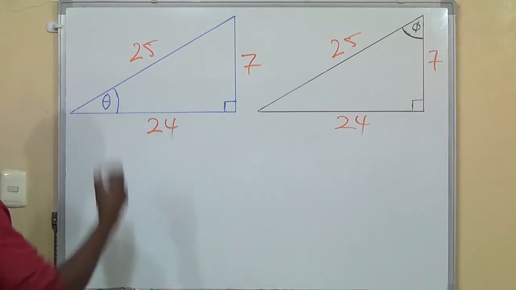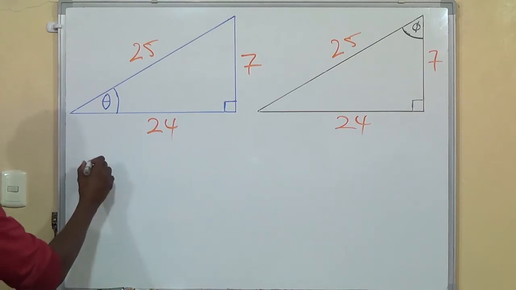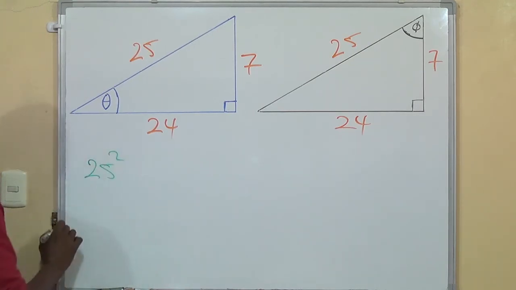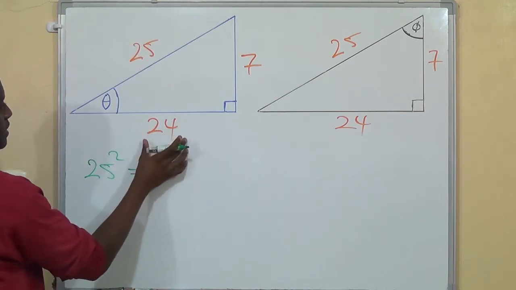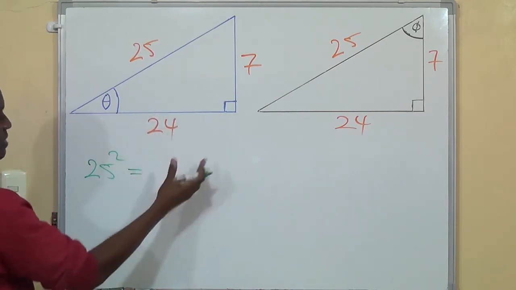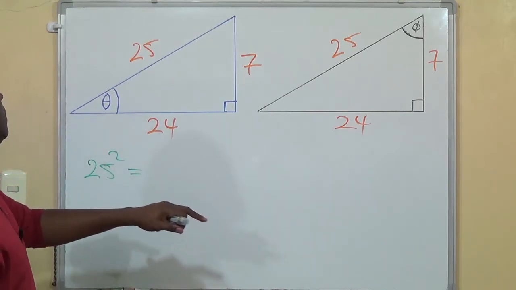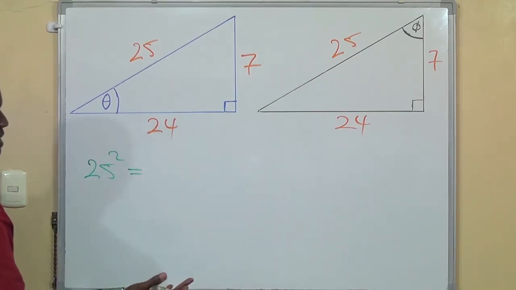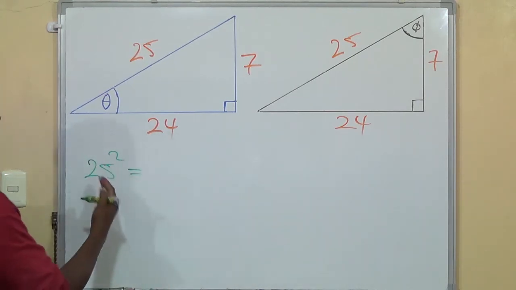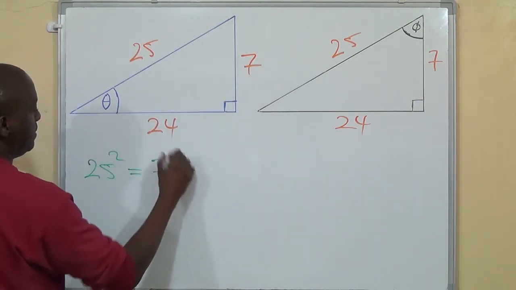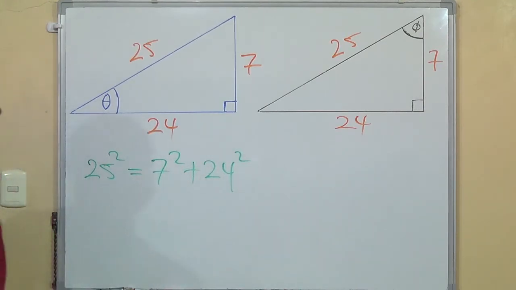All right. With the blue triangle, your Pythagoras theorem would be that 25 squared, which is the hypotenuse, is equal to the sum of the other two sides. It doesn't matter what order; let me use the template opposite squared plus adjacent squared. In this case, the opposite is 7, so 7 squared plus adjacent, 24 squared.